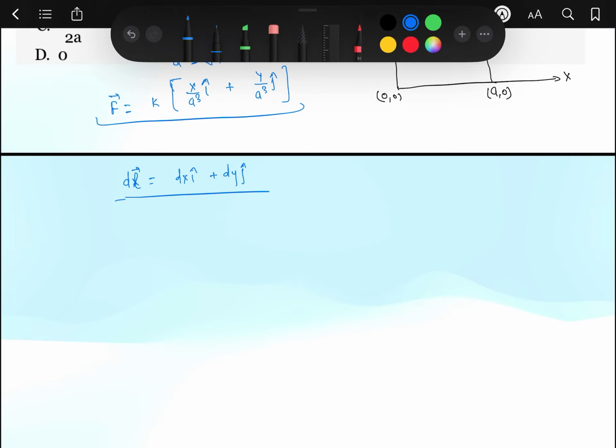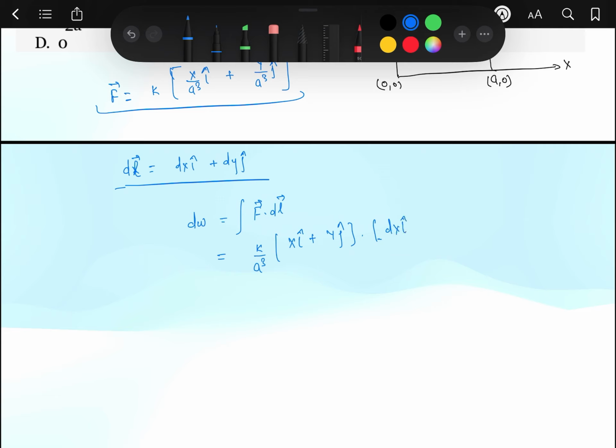So for the small work done dw, the value is F vector dot dl vector, and we have to integrate it. Putting the values here, F vector is k by a cube into (x i cap plus y j cap), dot product with dl vector, which is dx i cap plus dy j cap.